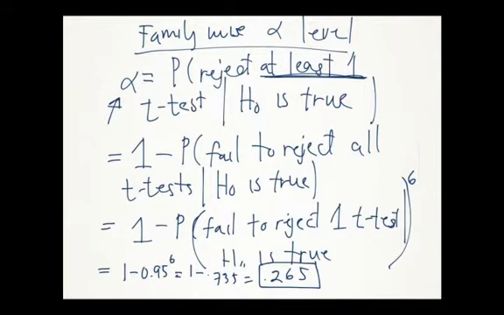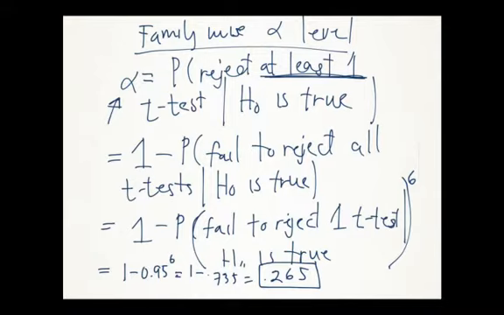Remember at the beginning we said the type 1 error rate that we're willing to accept is 0.05, nothing more than that. Then we said we have these 4 groups to compare, and in order to compare them, we have to conduct 6 different tests. And if we conduct these 6 tests, it turns out that the family-wise error rate through this calculation is equal to 0.265, which is much, much bigger than 0.05. It's inflated well above 0.05. This is not something that we want.